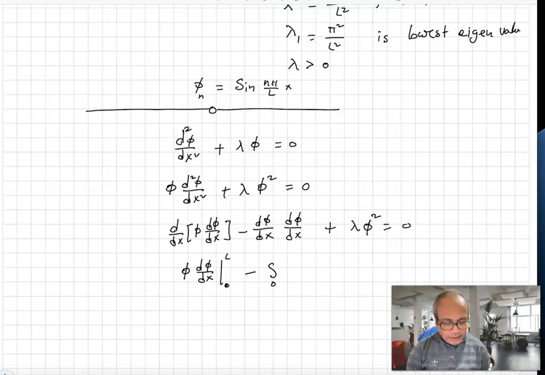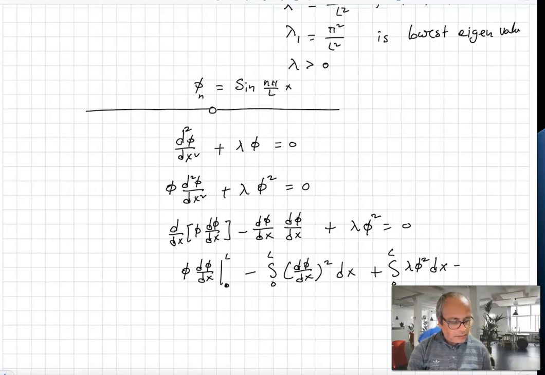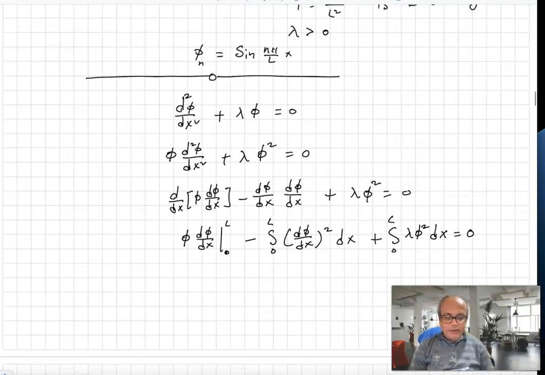The second term is the integral of d phi/dx squared dx, plus the lambda term. By using the boundary conditions, phi at 0 is 0 and phi at L is 0, so the boundary condition implies that the first term is 0.